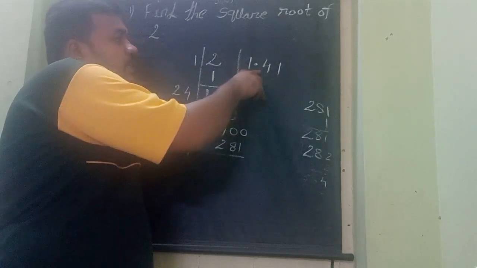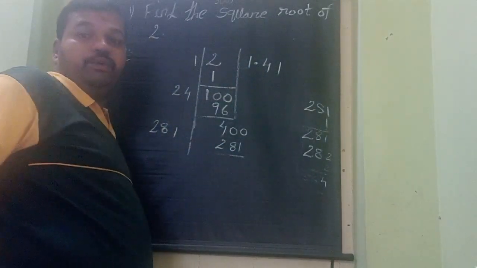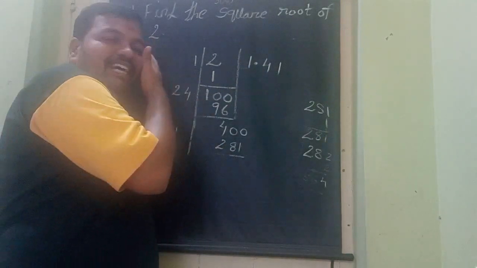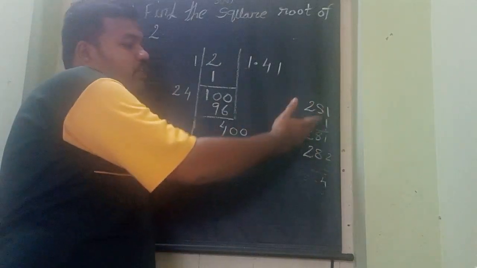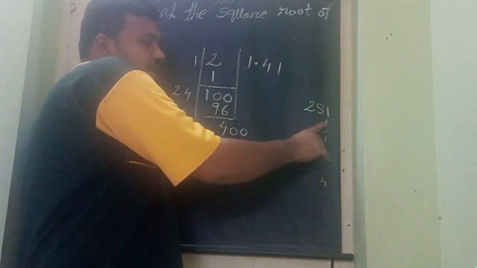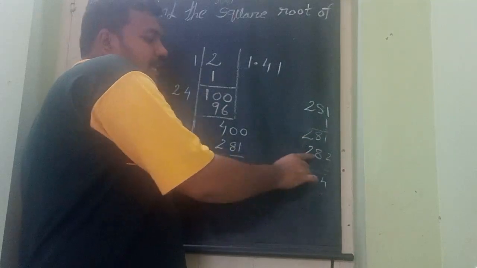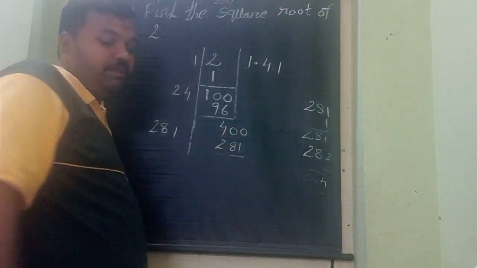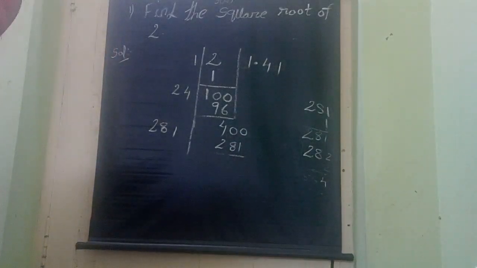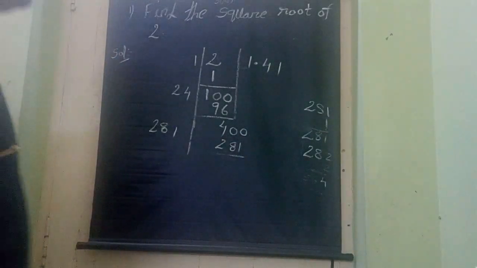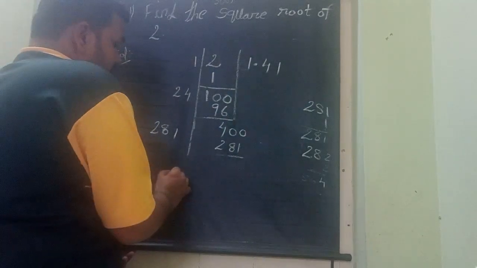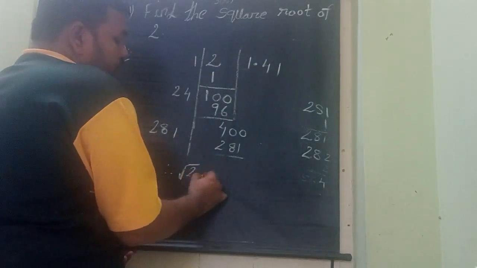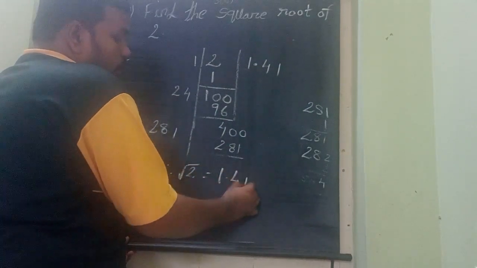Again take double of the quotient: 14, 14, 28. Beside the 28 we give a number from 0 to 5. Giving 1, one time is 281. Again 2 times is 564, which becomes more. So taking only one time, that is 281. Therefore, the root of 2 is equal to 1.41.